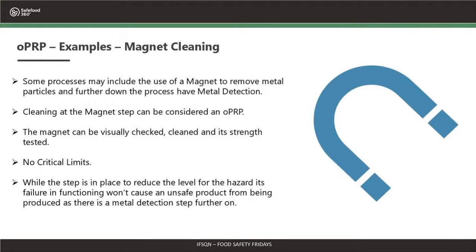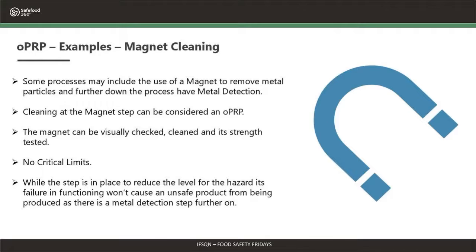So this is definitely one point that can help you understand what an OPRP is. It is important, and we're trying to deal with significant hazards, but if it fails, if there is a deviation, we do have metal detection further on. So this can help you to understand that.